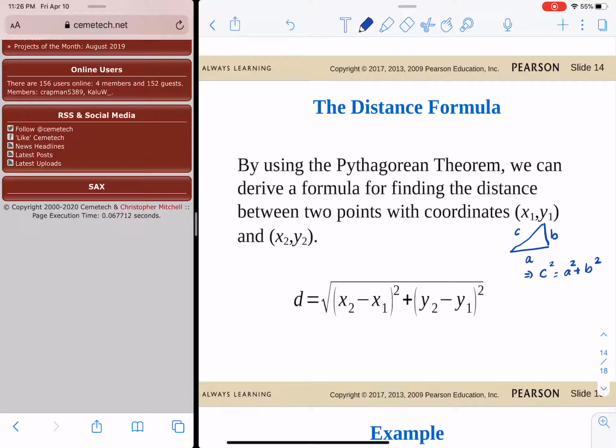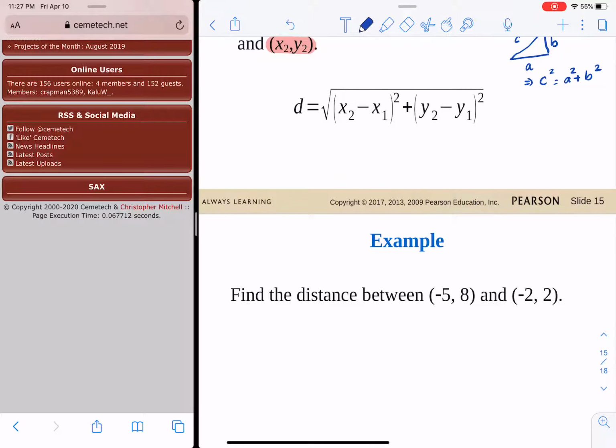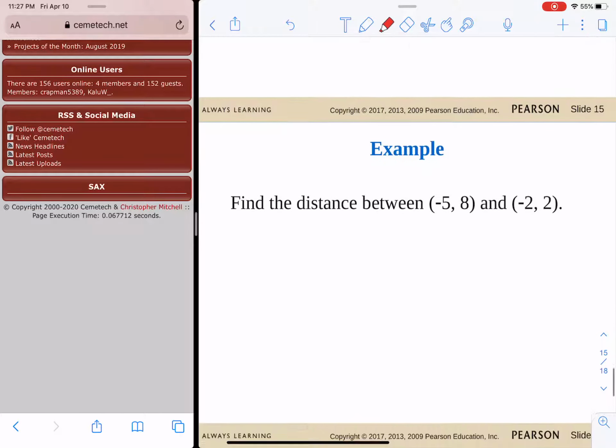So we can extend the concept to find the distance between two coordinates in the coordinate plane. The first point being x1, y1, the second point is x2, y2. The formula here is quite simple. We have x2 minus x1 squared plus y2 minus y1, the entire thing squared, and we take the square root.